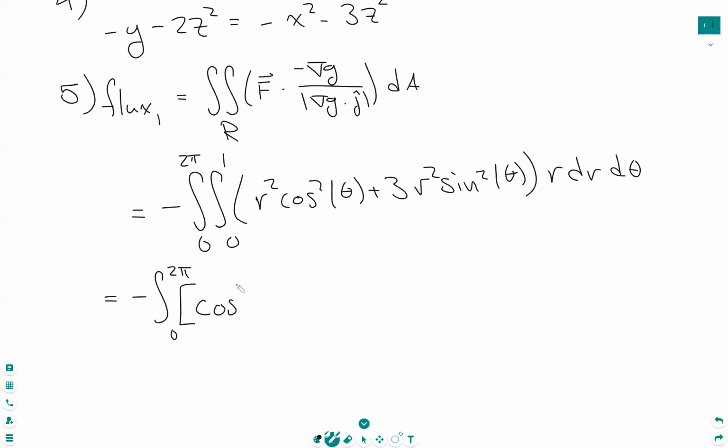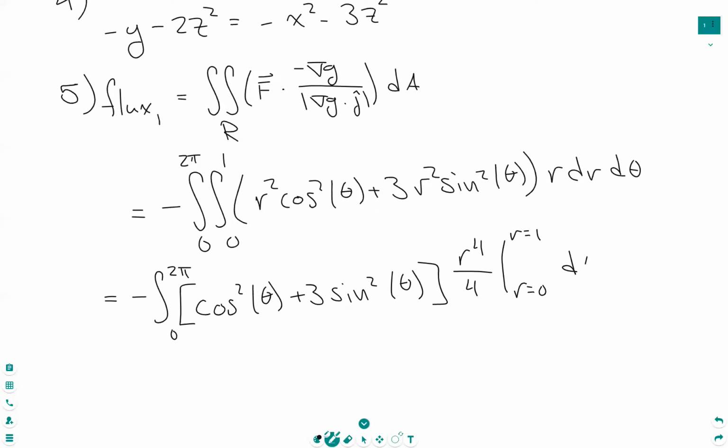We have cosine squared theta plus 3 sine squared theta. We have an r to the 4th over 4, evaluated at r equals 0 and r equals 1, d theta.